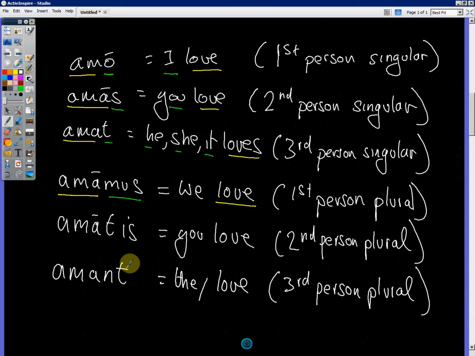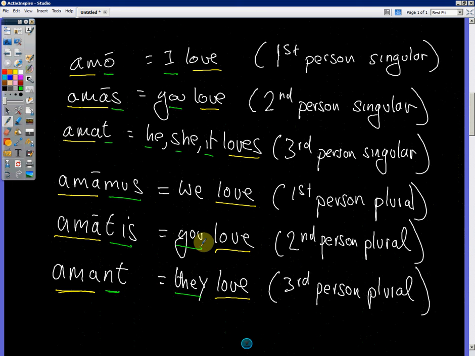So it's the nt that means they, and it's the ama bit that means love, just as it's the ama bit here that means love, and the tis bit here that means you. So we've got the full present tense of the verb amo: amo, amas, amat, amamus, amatis, amant.